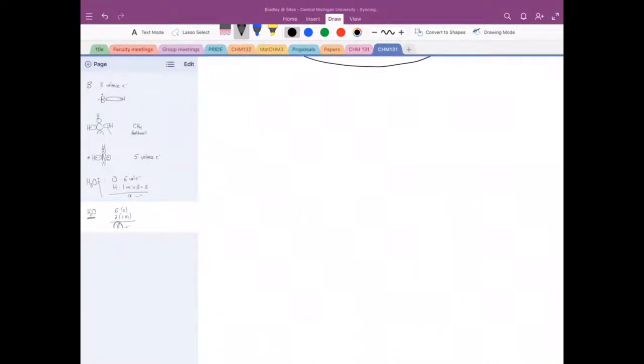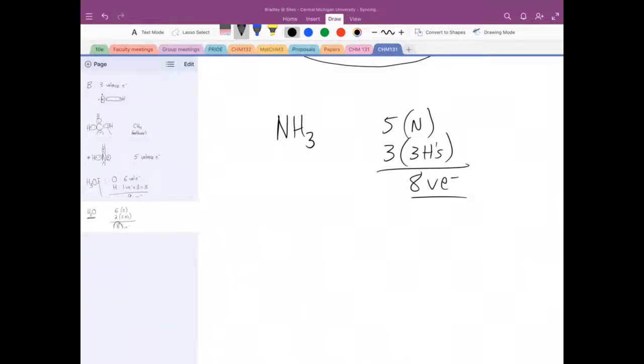What about this one, NH3 or ammonia? We have 5 valence electrons from the nitrogen, another 3 from the 3 hydrogens. So a total of 8 valence electrons again. So let's just do this.